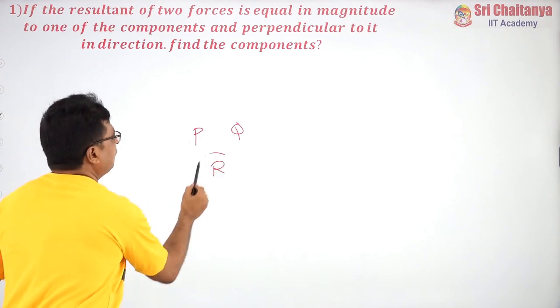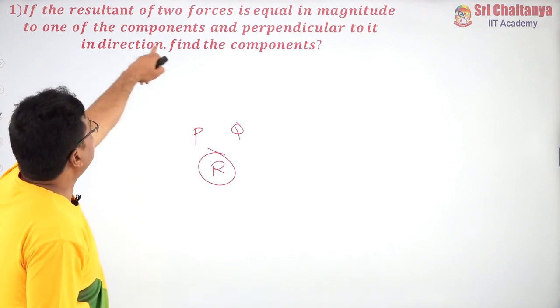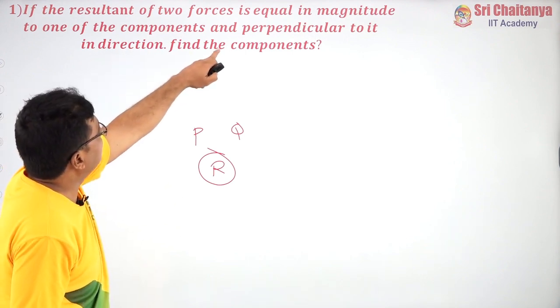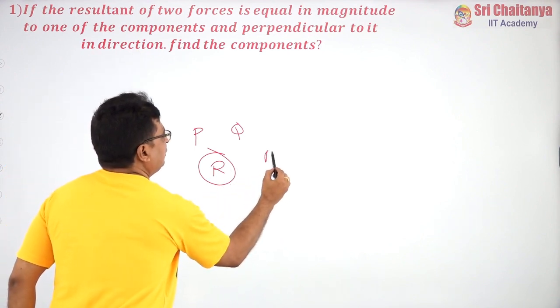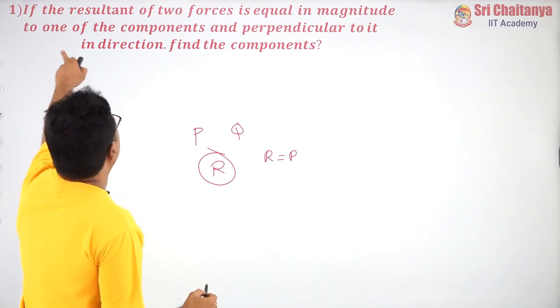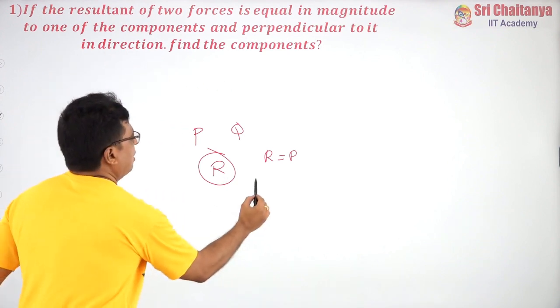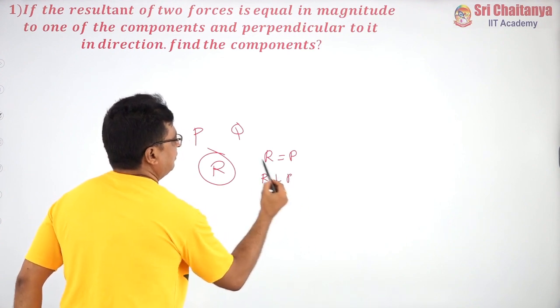What is the behavior of R? The resultant of two forces is equal in magnitude, so R is equal to P, and moreover R is perpendicular to P. This is given for you.